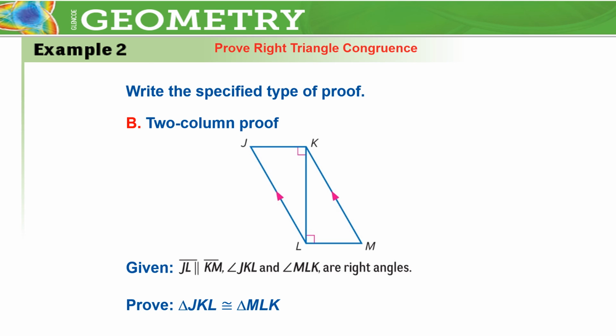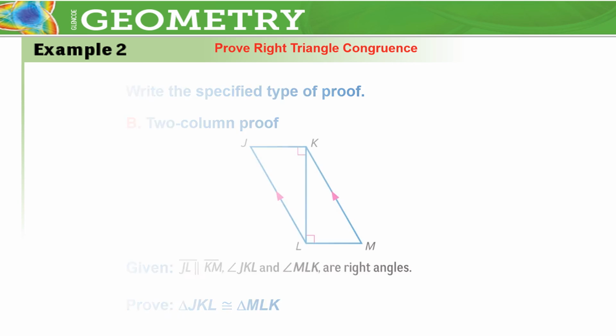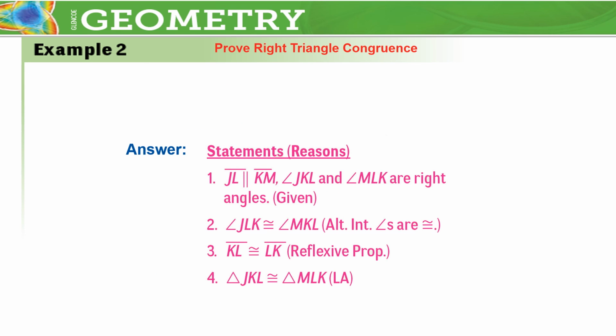And two triangles are right, triangle JKL and KLM. Now you have to think about your way to prove that triangle JKL is congruent to triangle MLK. From parallel, you can get angle JKL and angle MLK are right.